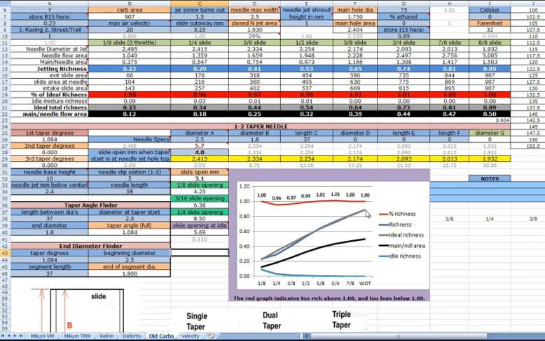If you know that you're richer on the idle jet than it should be, then the number that goes right here will have to be smaller than this number right here. If you know it's leaner than it should be, then this number here should be richer than this number right here, or higher. If it's just right, put this number right here. And that sets the gray graph.